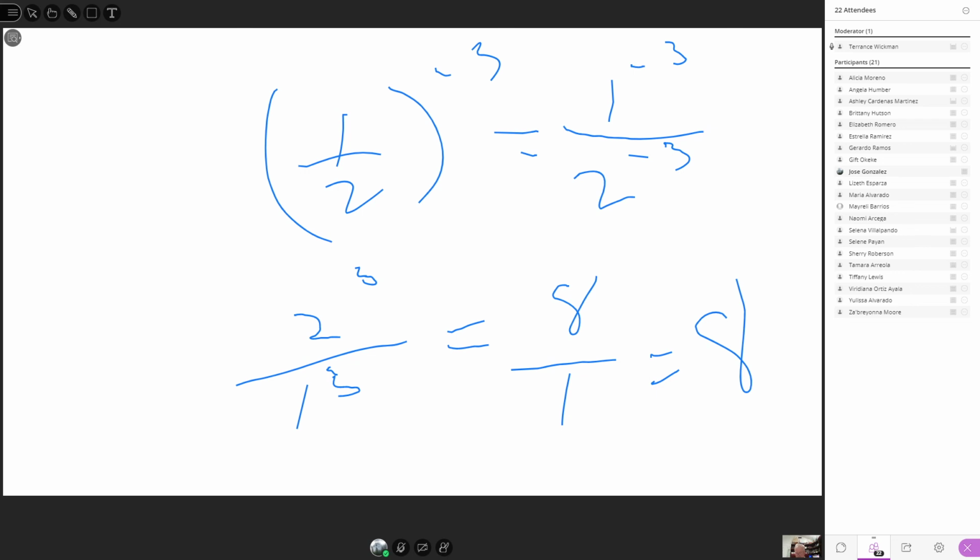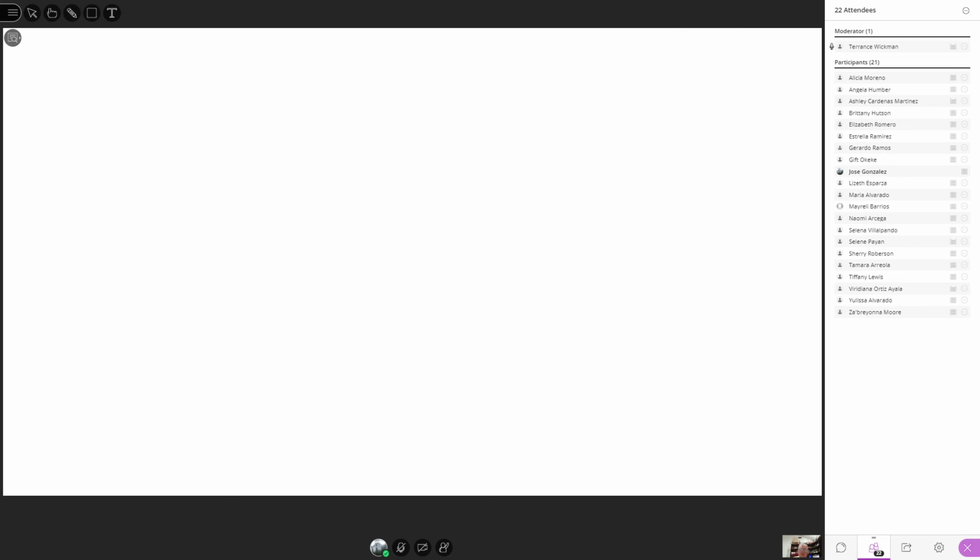And that makes much more sense. Does that make sense to you guys? Yes. So all I did, I took away the parentheses and rewrote it to look like this. Now, once you have it like that, you know you cannot have negative exponents. They have to flip. So the 2 comes up on top. Same here. 2 to the third power is 8. 1 to the third power is 1. Well, you can see that now.